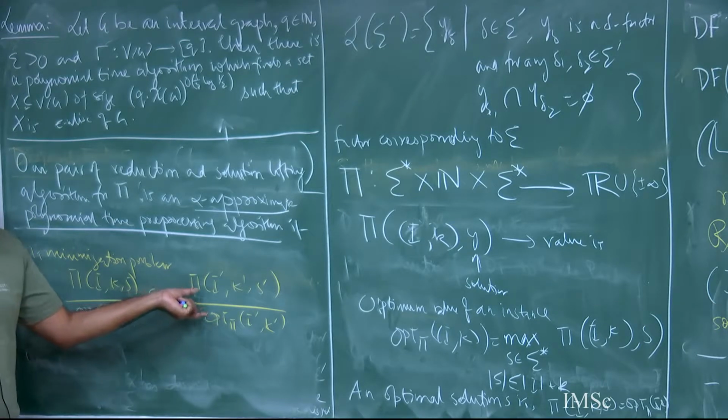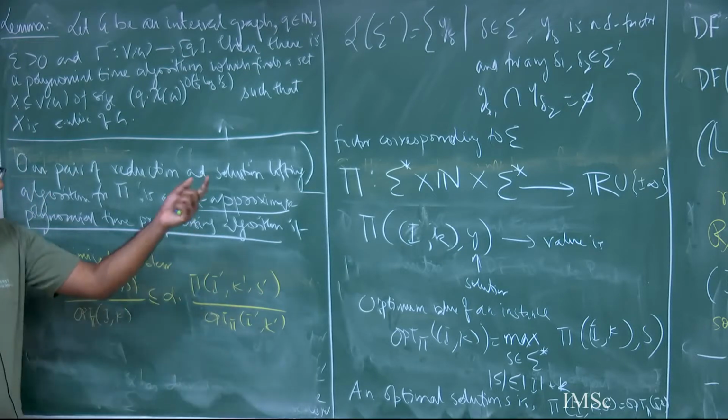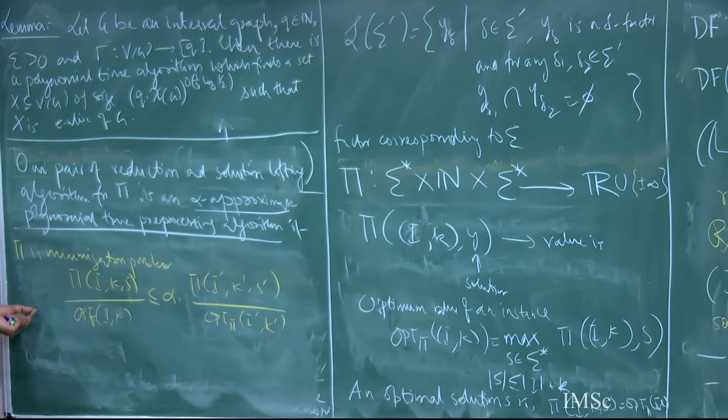If you give me a factor 2 approximation here for the reduced instance, if S prime is a factor 2 approximation in this sense, then I can only guarantee you factor 2 alpha approximation for the original instance, right. My solution S is definitely guaranteed to be a factor 2 alpha approximation there, okay.